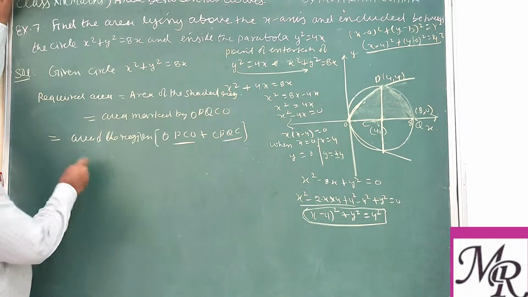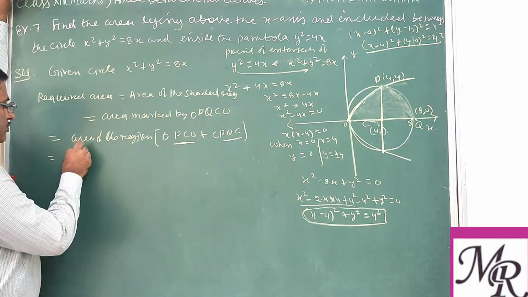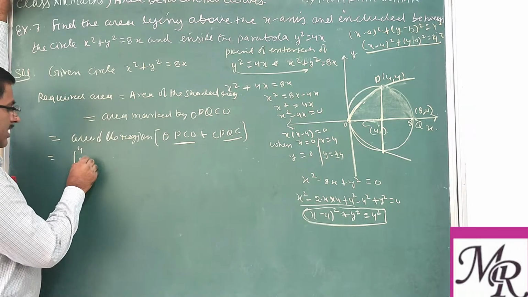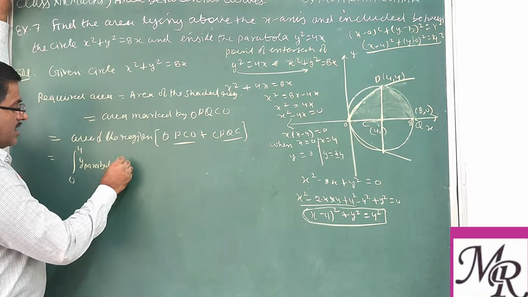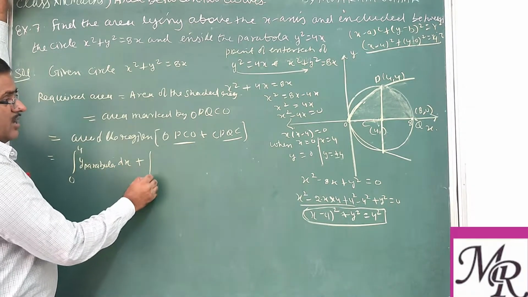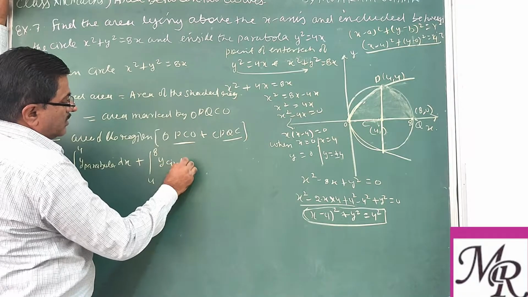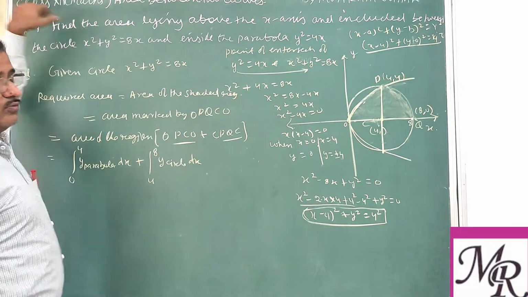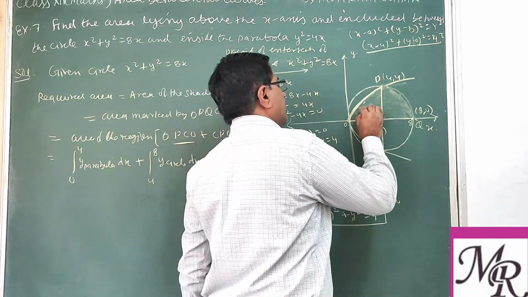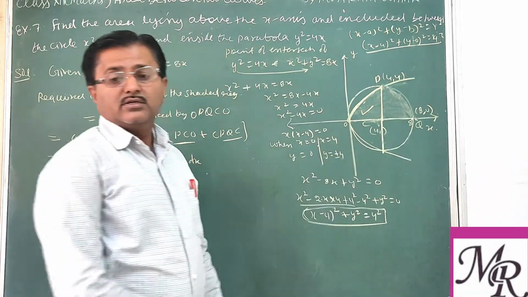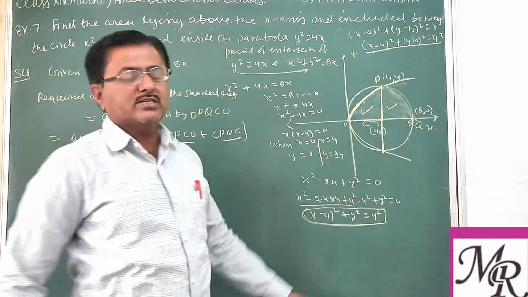So now we write in terms of definite integral: 0 to 4, y parabola dx, then 4 to 8, y circle dx. So the first one, area covered by the parabola, plus the second part, this area covered by the circle.